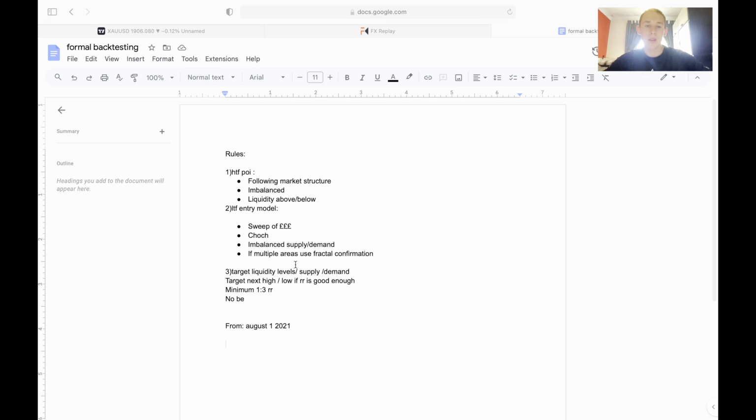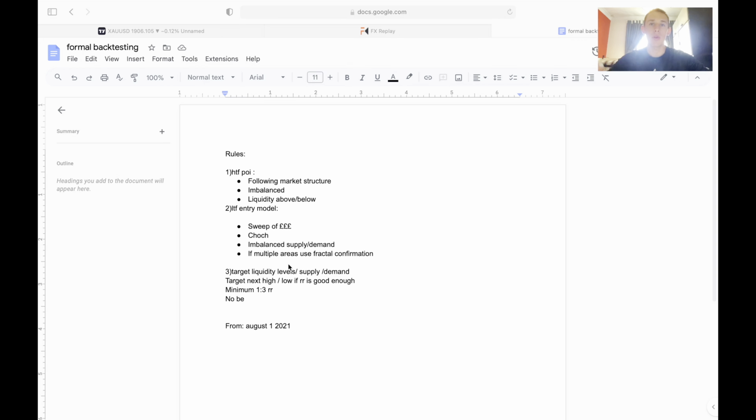And this bit means basically that, let's say we have multiple areas of imbalanced supply and demand after the lower time frame entry model has materialized. We want to be looking at if price comes back into these areas, and if we're unsure which area to go off, we look to the lower time frames and we basically look for the same thing but even lower.